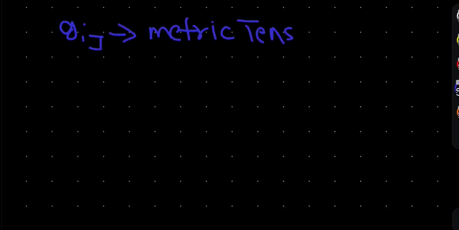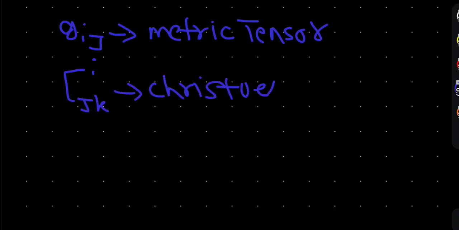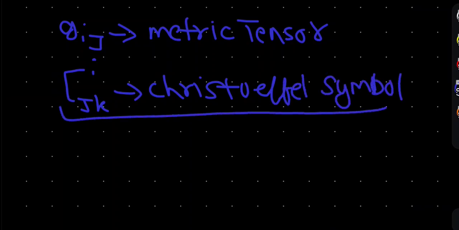Later, in the final stage of the derivation, you will see this type of notation, which is called the Christoffel symbol. You may ask what the use of the Christoffel symbol is, and how it is related to the metric tensor.